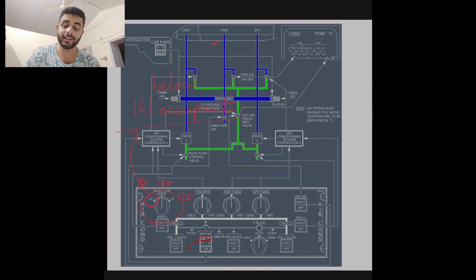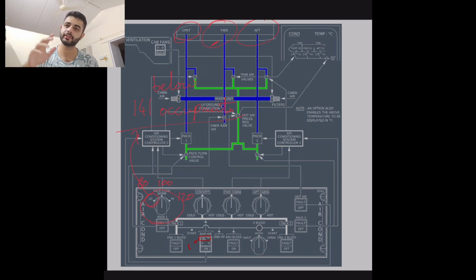At any point where one zone cannot be satisfied, the ACSC, you have three zones: cockpit, forward, and aft. In case any one of these zones is not satisfied, it tells the APU or the engine to supply more bleed air.